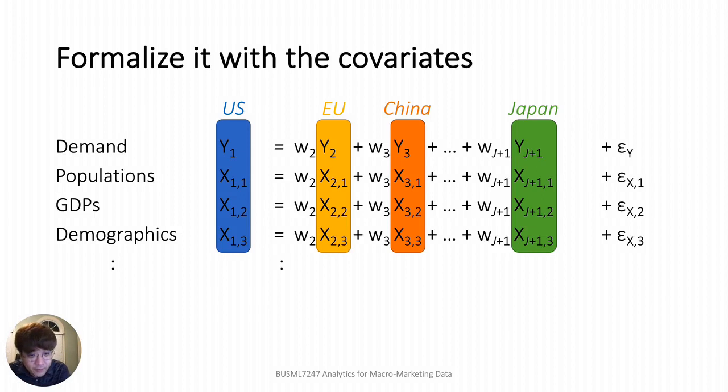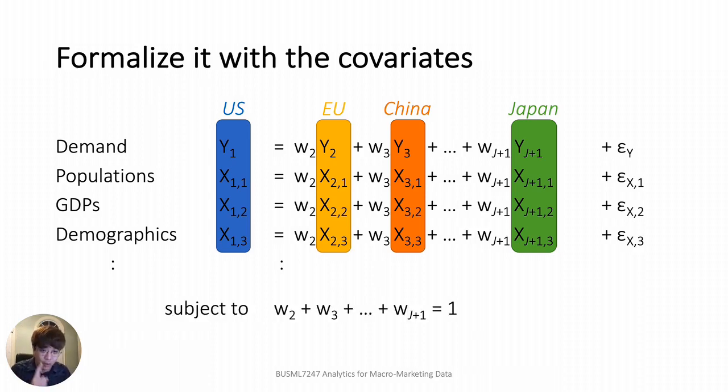The independent variables in each equation become the variables of the control units. In this example, they are the variables of the EU, China, Japan, and etc. And again, the sum of the weights must be 1, and the weights are shared across the equations.